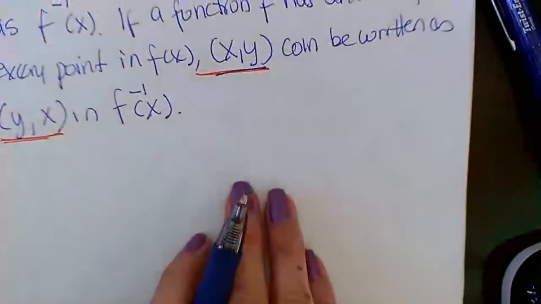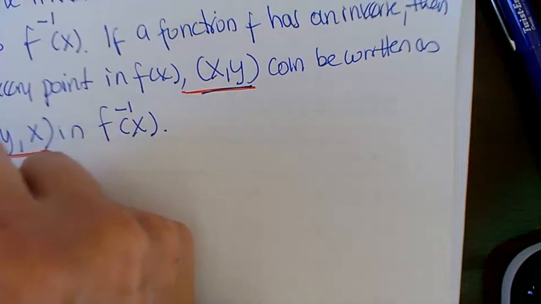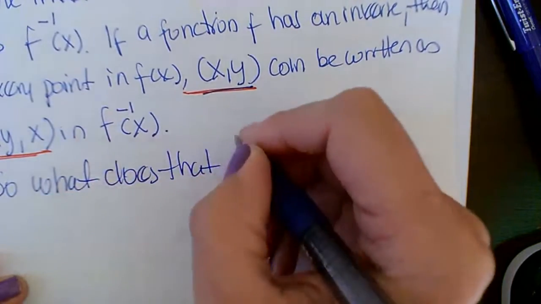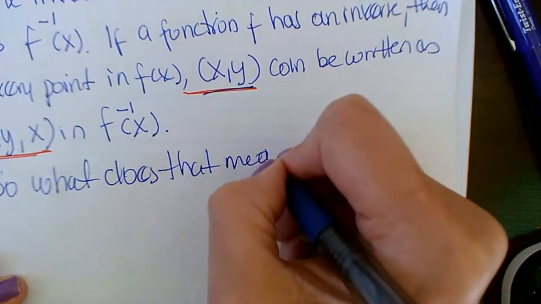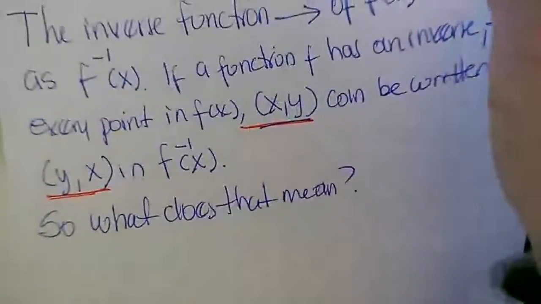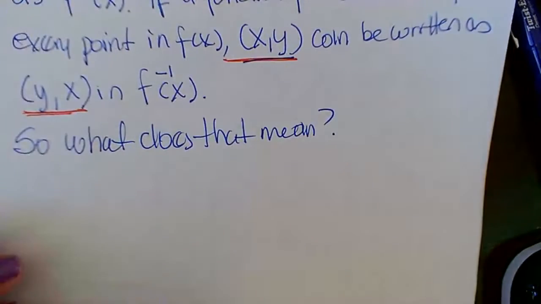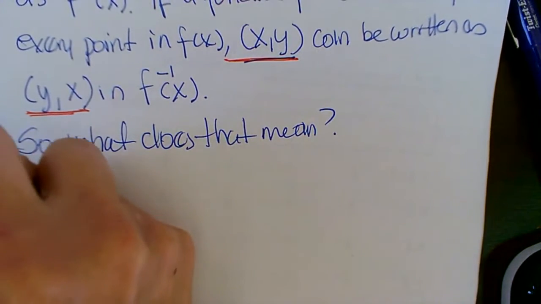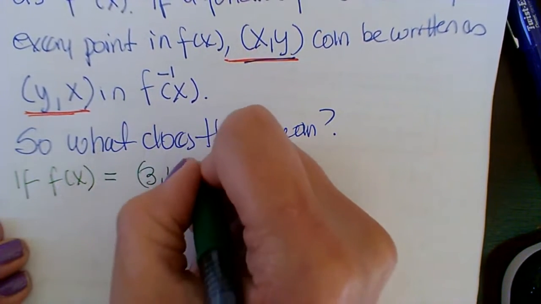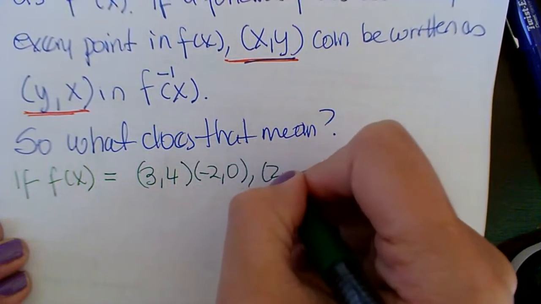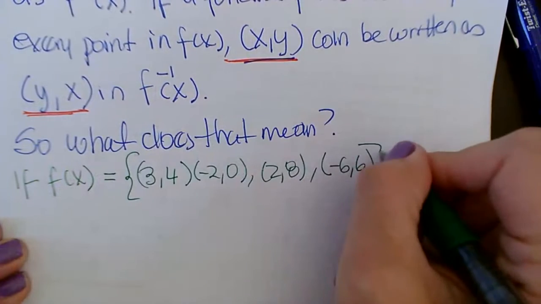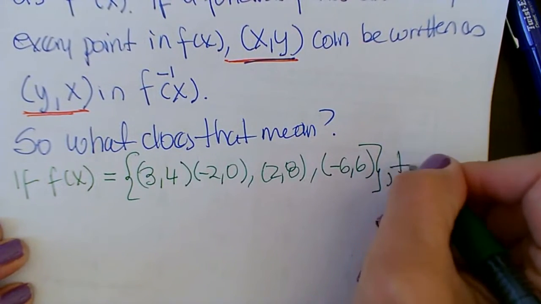So let me just ask you a question. What does that mean? And let me give you the examples. It means that if we have f of x equal to (3, 4), (negative 2, 0), (2, 8), and (negative 6, 6), what happened?